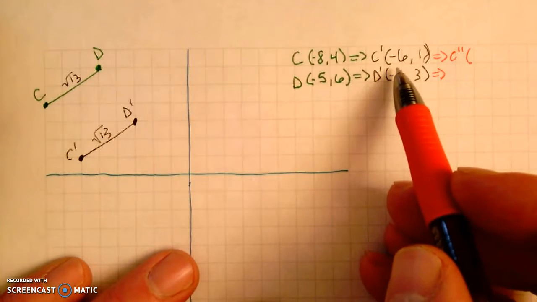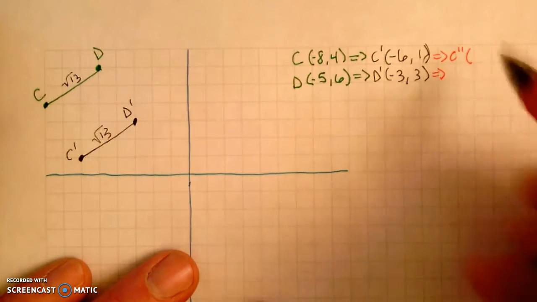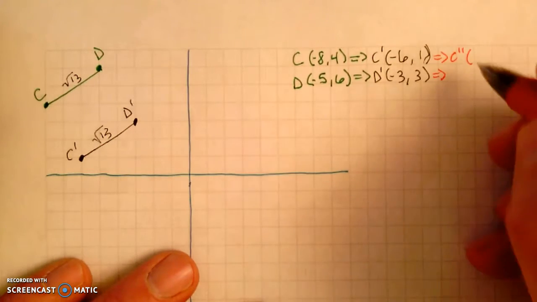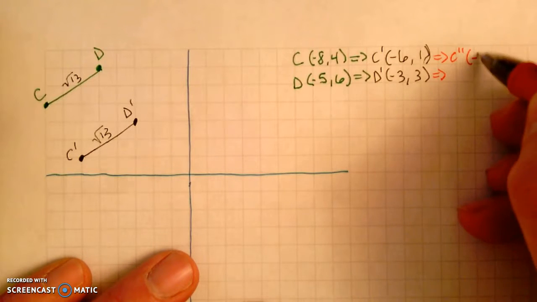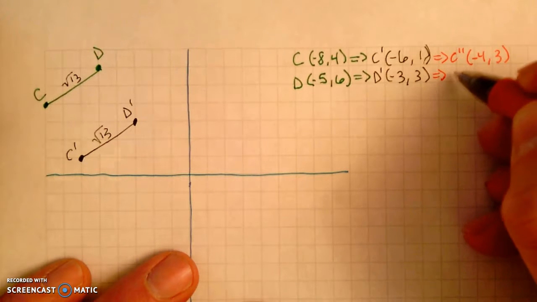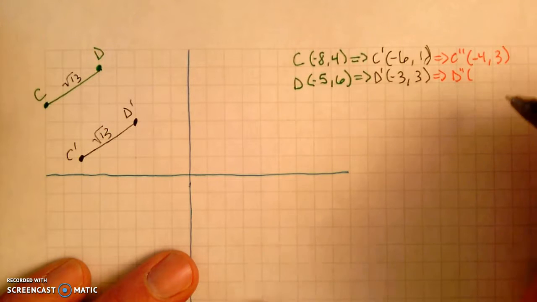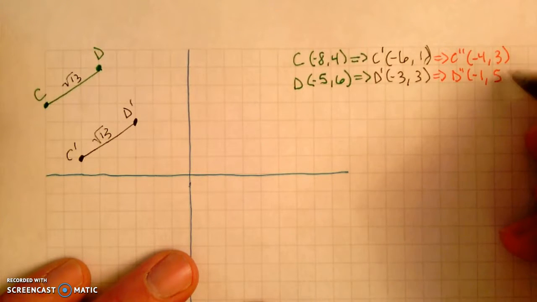We're going from the C prime. So we're performing one translation and then another one. So for C prime, -6 plus 2 is -4, and 1 plus 2 is 3. D double prime, we've got -3 plus 2 is -1, and 3 plus 2 is 5.